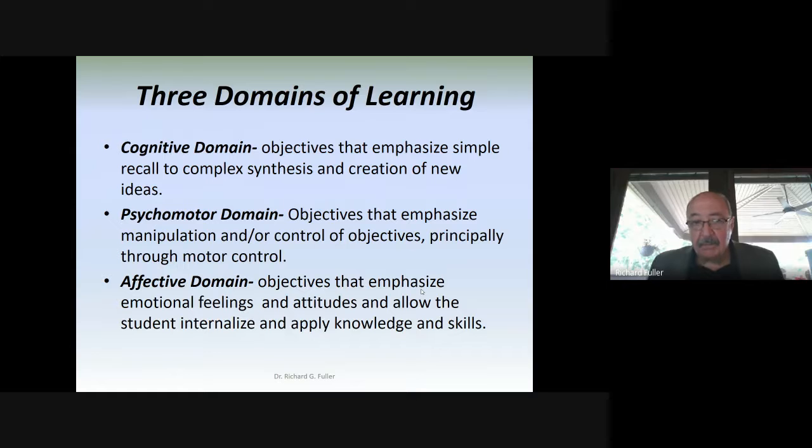The psychomotor domain is dealing with skills. Okay, and if you think about it, these are the objectives that emphasize manipulation and or control of objects, principally through motor control. But I also believe that there's mental as well as physical skills. If you think about any one of your disciplines, there are certain things that are physical skills that fall into place. In nursing, for example, you've got students that have to do physical skills, starting IVs, doing injections, learning how to do bandages, and any one of a number of other physical skills, defibrillation, heart monitors, and so on.